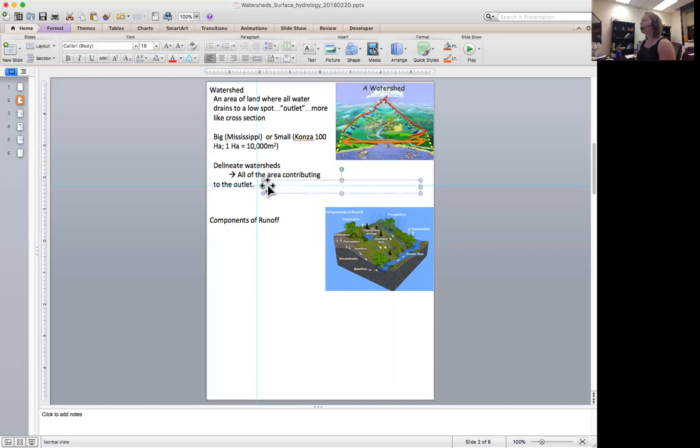So we look at the contour maps and the boundaries and we identify the highest points in that area. Water is going to fall perpendicular to those contours, so we're able to draw those lines out in that manner. So what we want to do is take a contour map and identify the highest points surrounding maybe our stream of interest.